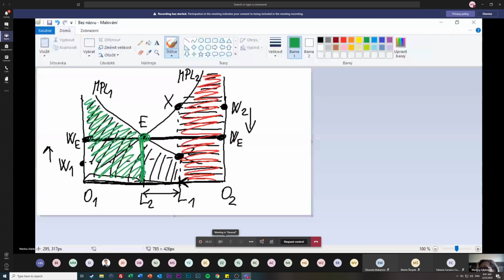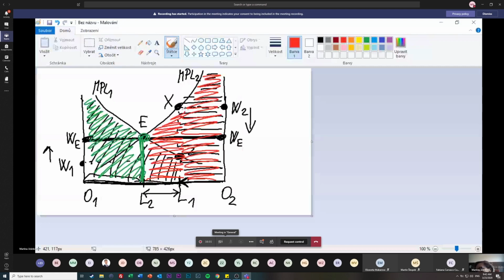This is the green area. On the other hand, the quantity of people in the second country increased, and you can see now that the red area is larger or bigger. So the GDP in the second country increased. Okay.